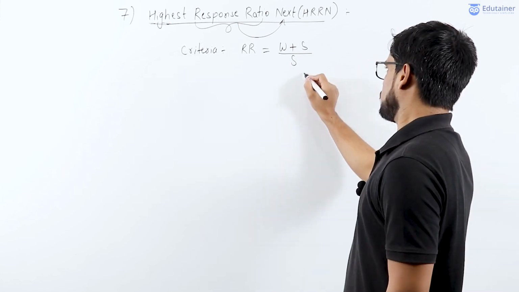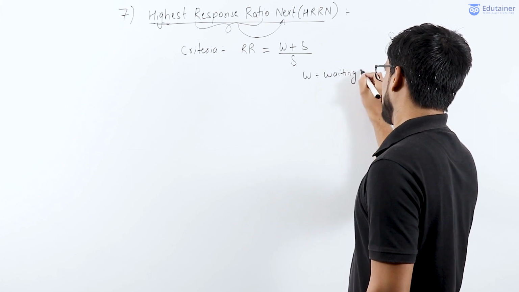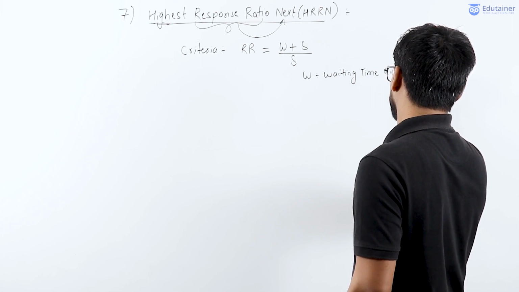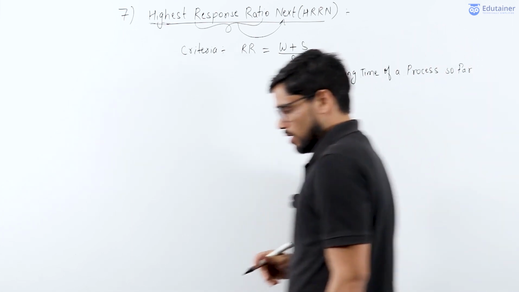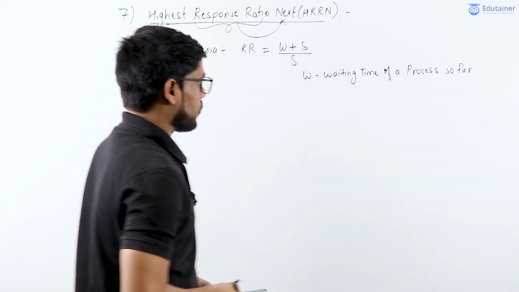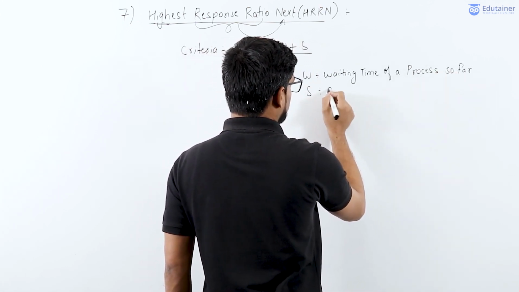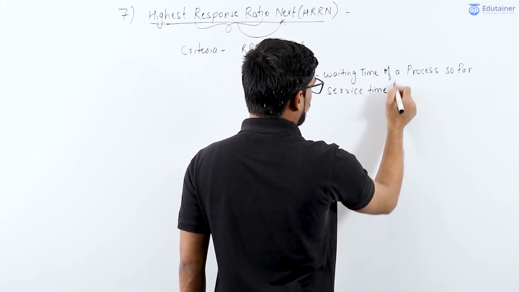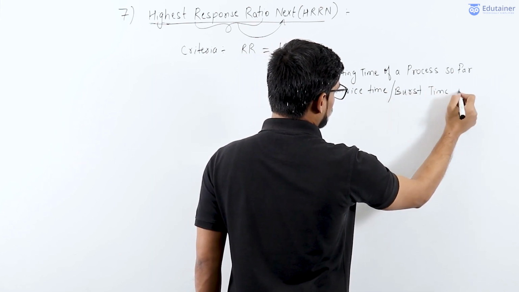Here W is the waiting time of a process, that is, how long a process has waited so far in the waiting queue. And S is the service time, or you can call it the burst time of a process.